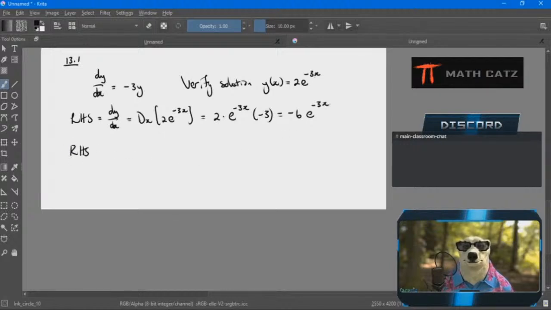Now let's see if the right-hand side simplifies to the exact same thing. The right-hand side is negative 3y, so I put in my proposed y function, 2e to the negative 3x, and simplify that to get exactly the same thing. So yes, it is a solution.